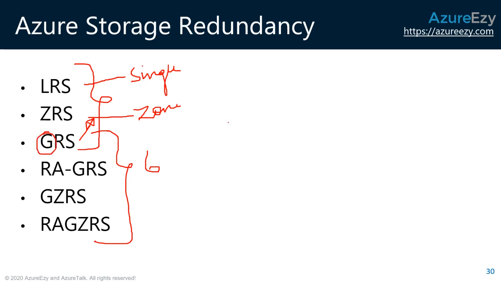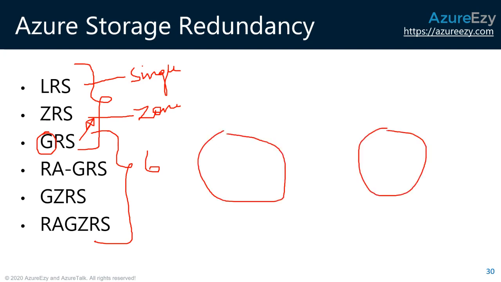So let's suppose this is one region and this is another region, and we have chosen GRS. In one data center, there are 3 copies, even for GRS. Now, we also need to send it to another region because it's geo. So it will asynchronously send the copy here, and now it will again become 3 in this data center. So it's 6 copies.